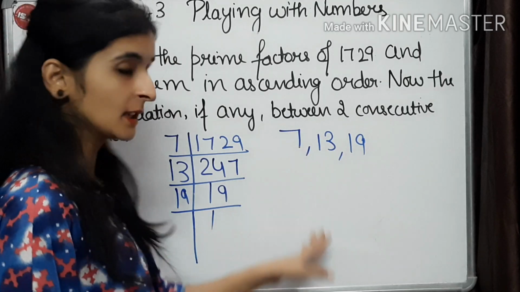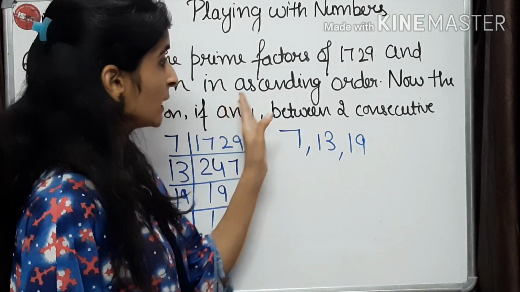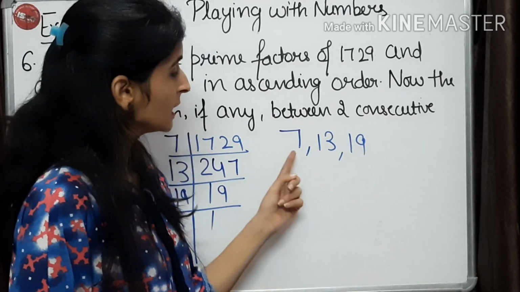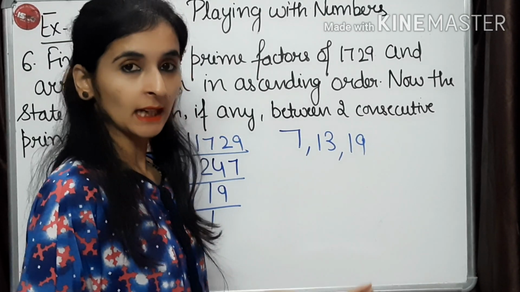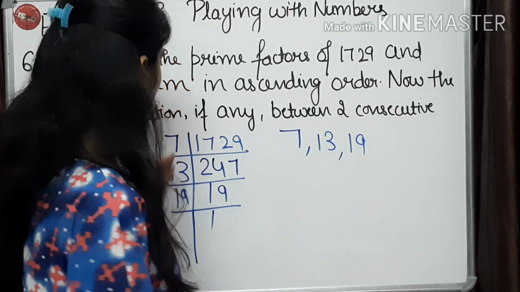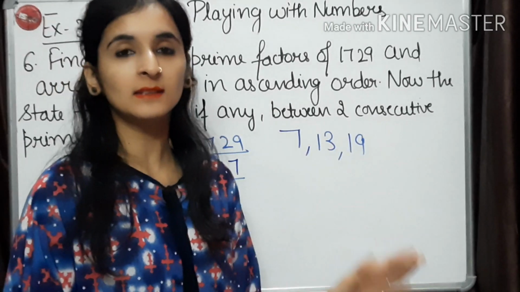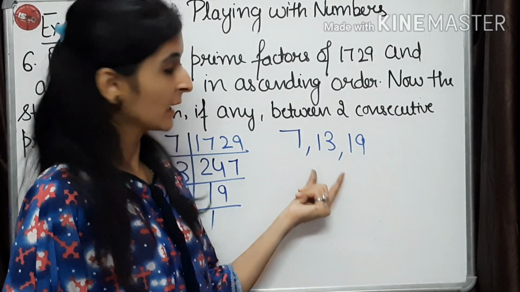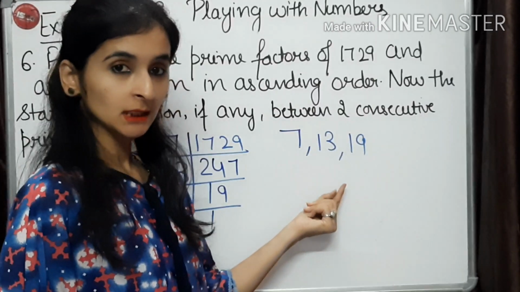So these are the factors and then we have to arrange them in ascending order. We have already arranged them in ascending order: 7, 13 and 19. After that we have to find out the relation between two consecutive prime numbers. So the first consecutive pair of prime numbers is 7 and 13.